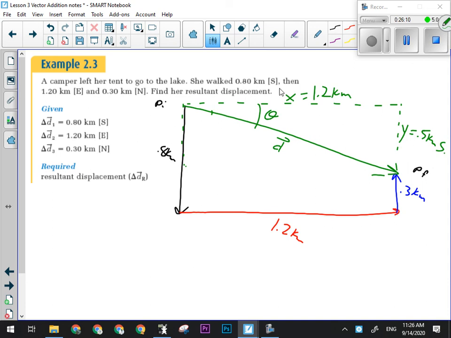Okay, so now I have enough information to find both the magnitude of D and theta, its direction. To find D, I'm just going to use the Pythagorean theorem. So that'll be the square root of 1.2 squared plus 0.5 squared.